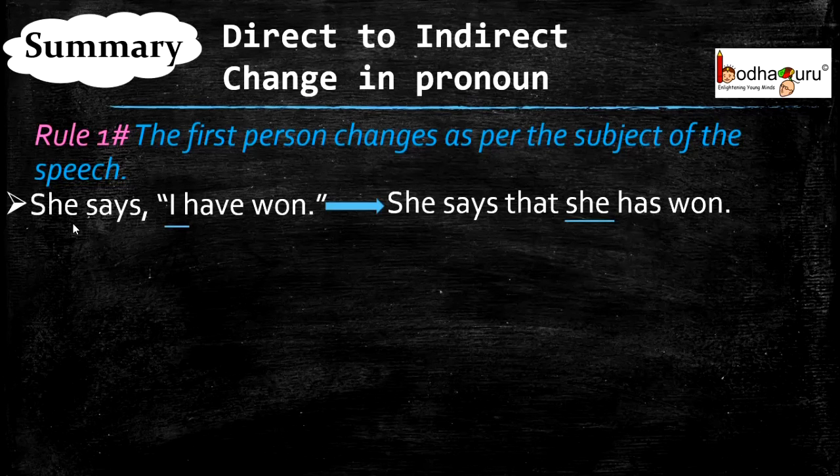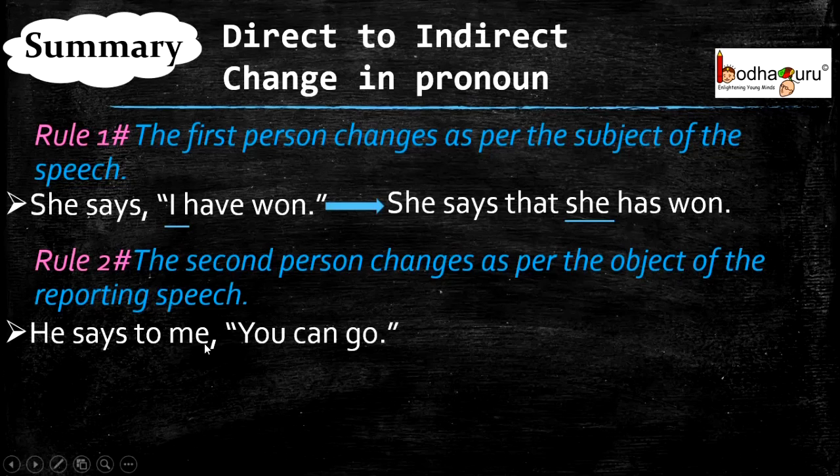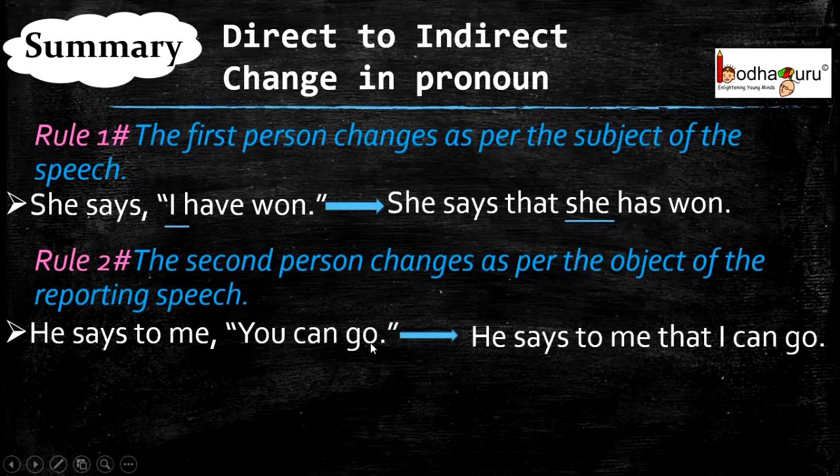And I got changed to she. Rule number 2. The second person changes as per the object of the reporting speech. He says to me, "You can go." It changes to, he says to me that I can go. As the object here is me, you gets changed to I.